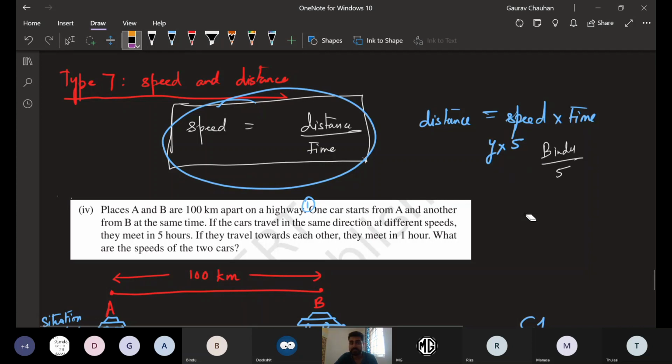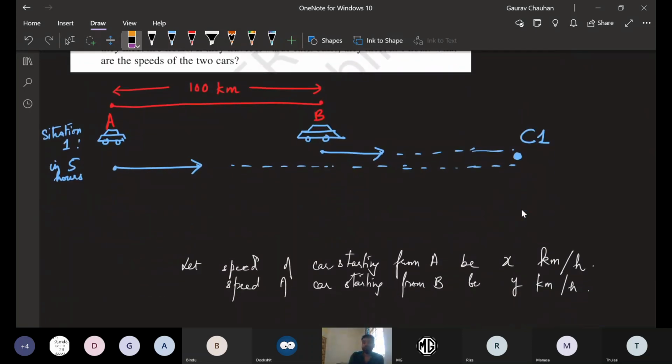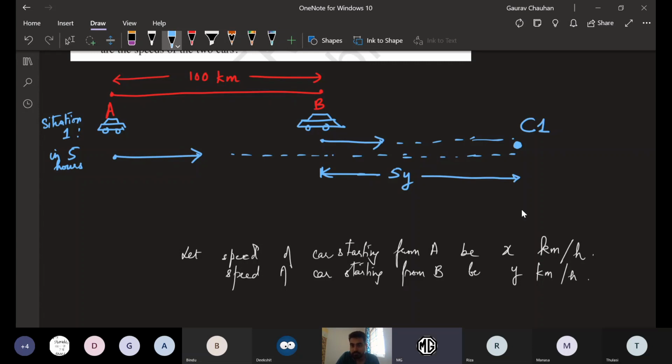So 5y is the distance. Got it. So what I'm saying is this distance, MG, this distance is 5y, is that correct? Yes, sir. This distance is 5y. We don't know how much it is.